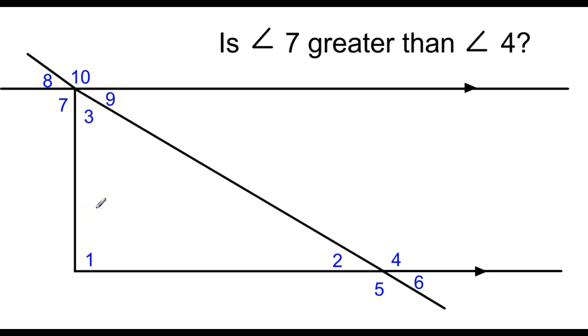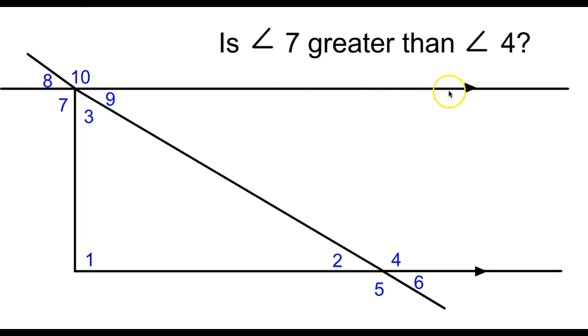So we're making our diagrams a little bit more complicated now. Question: is 7 greater than angle 4? So notice on this one, we can say that 4 is still greater than 1, and it's still greater than 3.